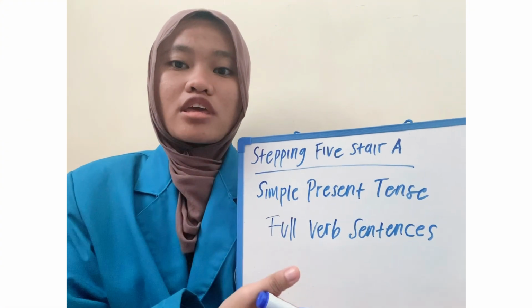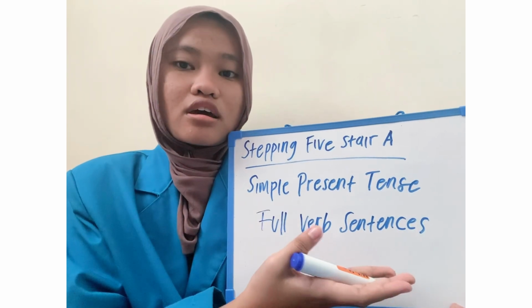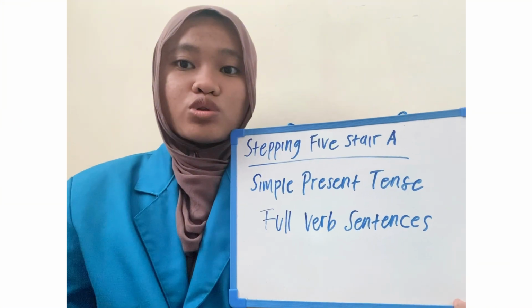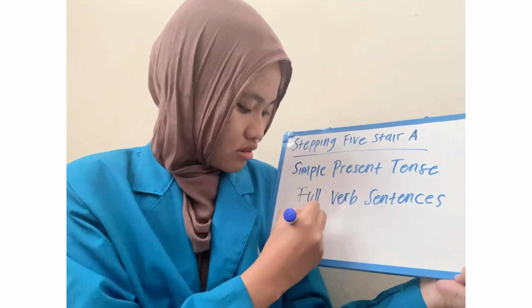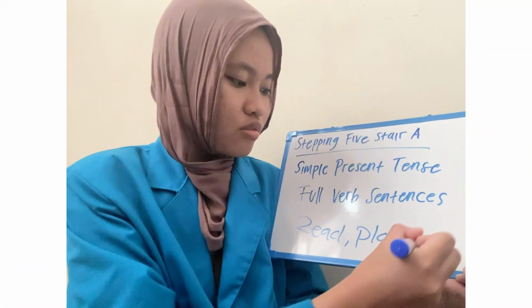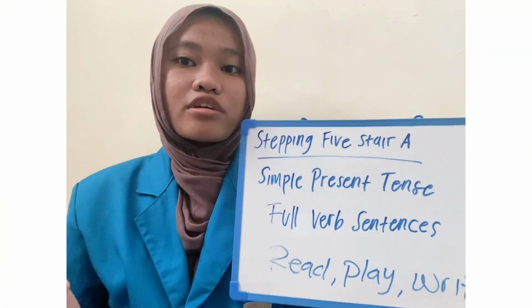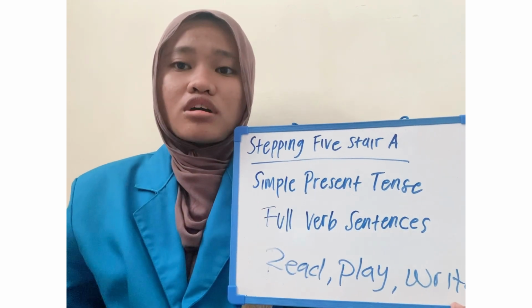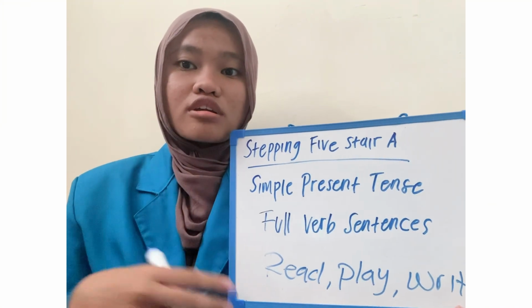Stepping 5 Stairs A is used to construct full verb sentences. A full verb sentence means a sentence that uses an action verb, for example, read, play, write, or another action verb. In simple present tense, we usually talk about routines, habits, or activities that happen regularly, right?